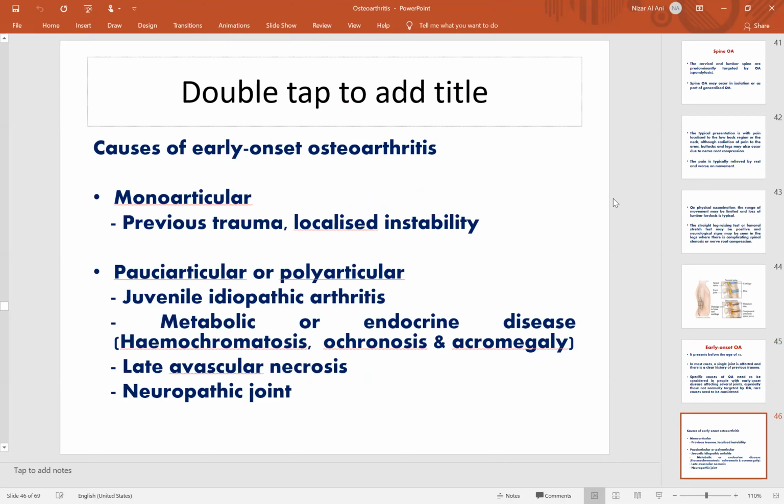The causes can be classified according to the number of joints affected. Monoarticular, mainly due to trauma or localized instability of the joint.